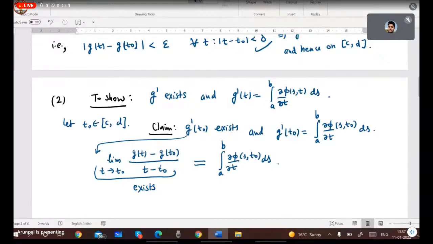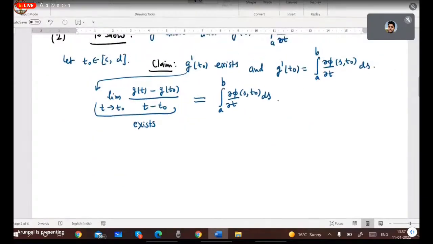Yes, sir. And now you recall the definition of limit. According to the definition of limit, let epsilon greater than 0 be given. Let me call it number 2. So class, if I want to show number 2, then it means what?